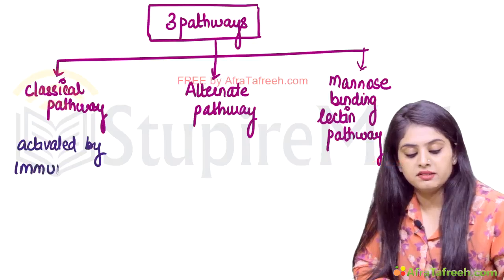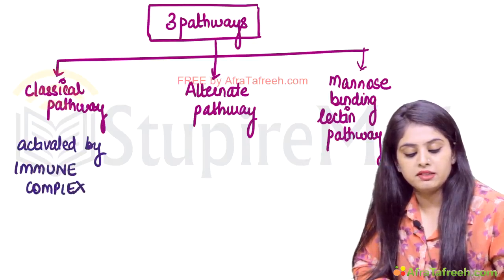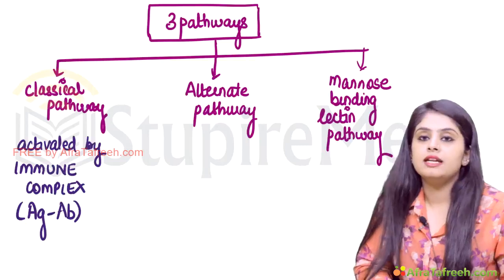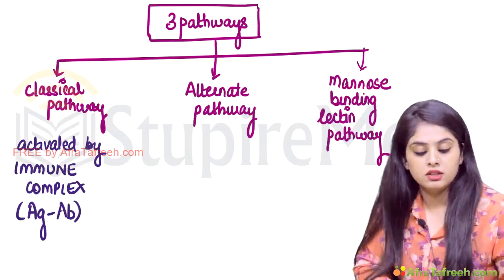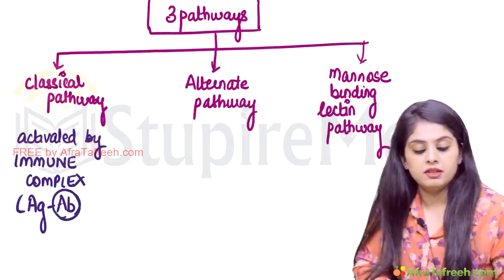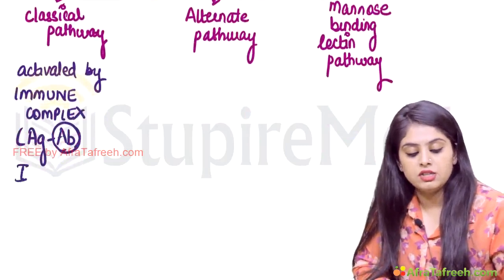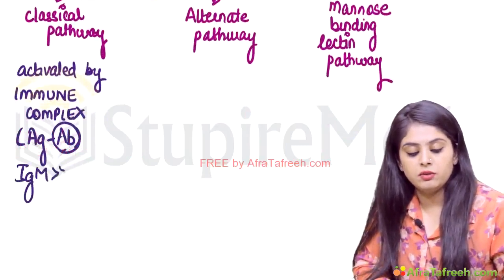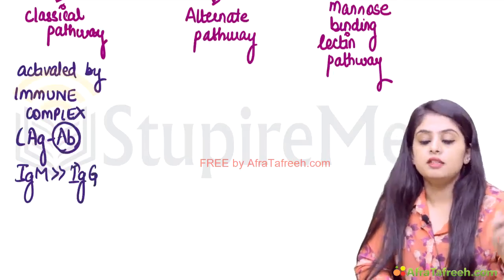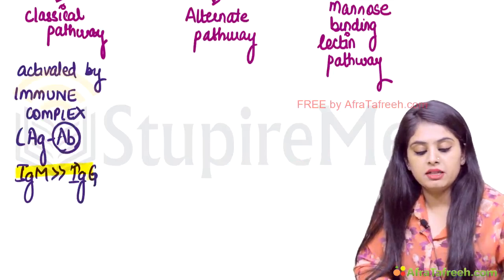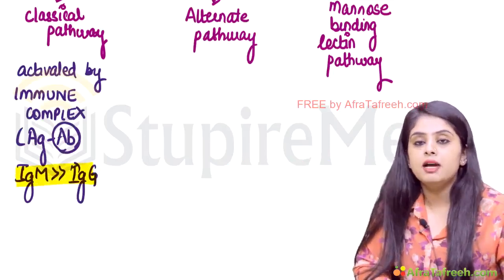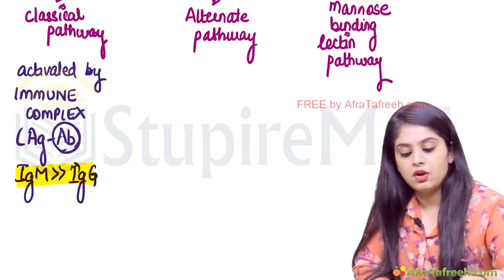immune complexes. What is an immune complex? Immune complex is nothing but antigen-antibody interaction. Particularly, remember, antibodies IgM followed by IgG. So the classical pathway will be activated primarily by the antibodies IgM and IgG.